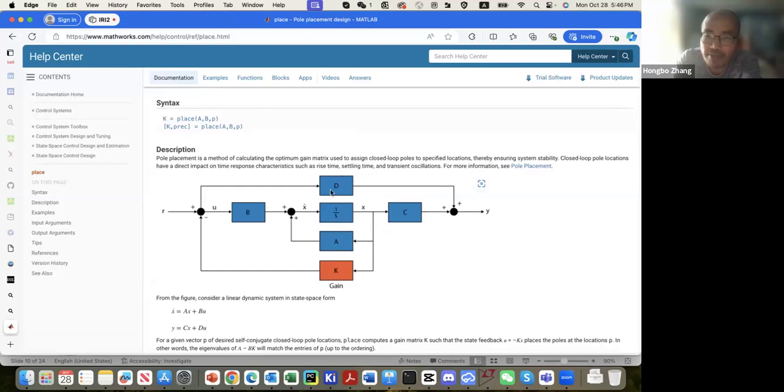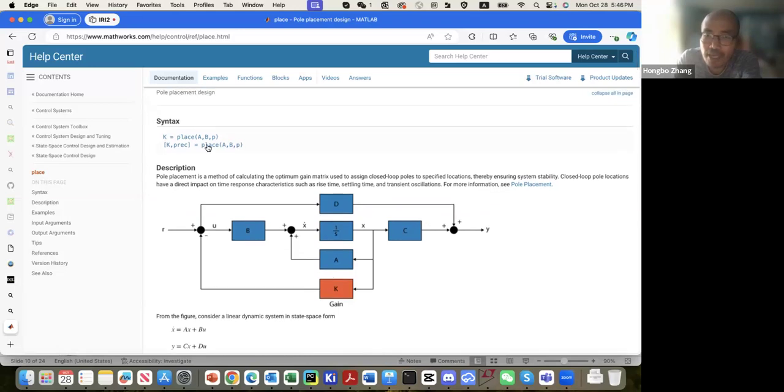The only difference is they have D. We don't have D here in your lecture, why? Because often D is 0. D is feed forward, right? We know the A system matrix, B input matrix, C output matrix, and D is feed forward, and K is feedback. And in MATLAB, just the place command.